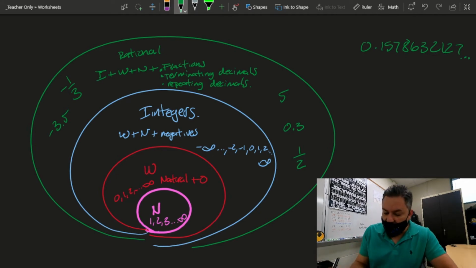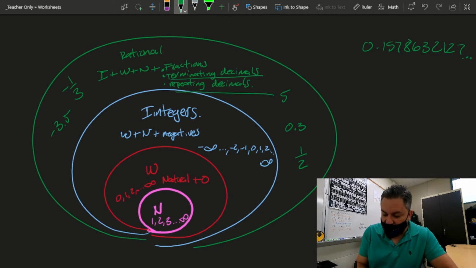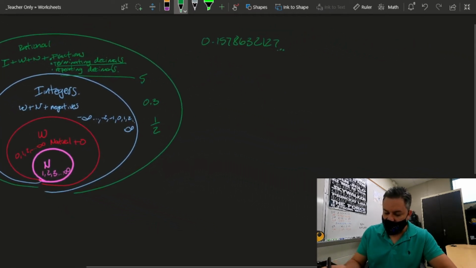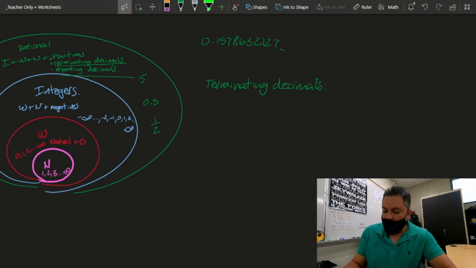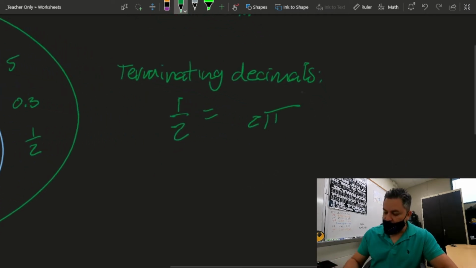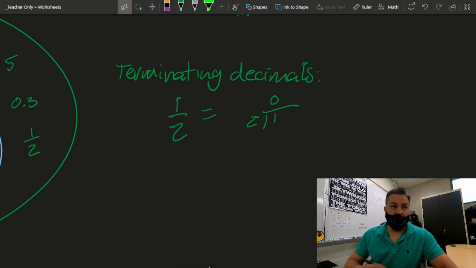However, I'm going to do a few examples of terminating decimals and repeating decimals. What is a terminating decimal? Well, for example, if you have the fraction 1 divided by 2, when you divide, how many times does 2 go into 1? 0.